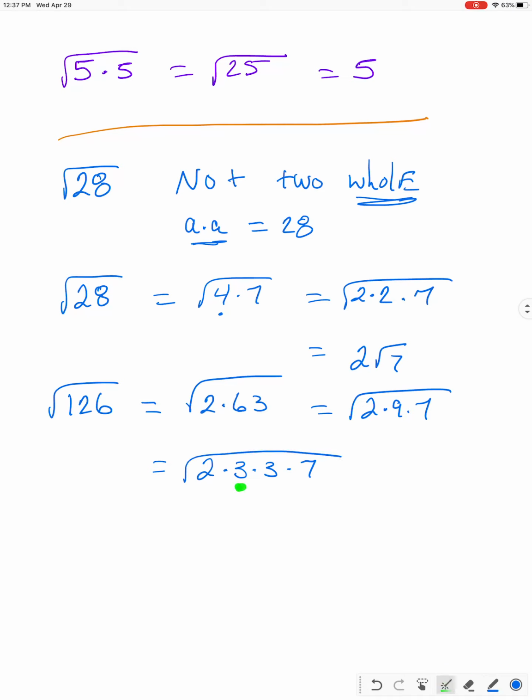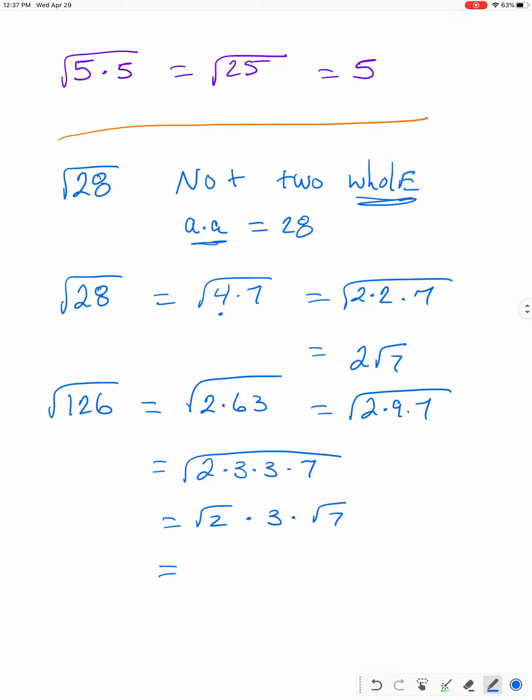And there are two of them multiplied together of the same number. So I can write this then as the square root of 2 times 3 times the square root of 7.